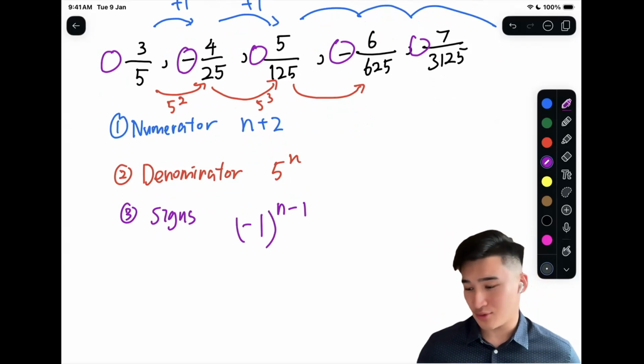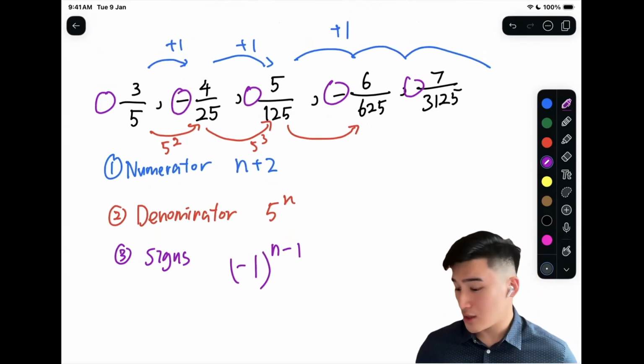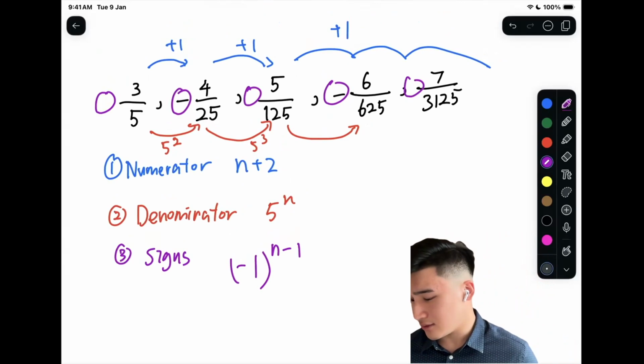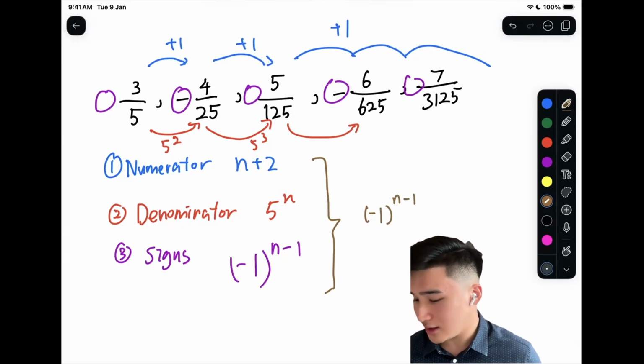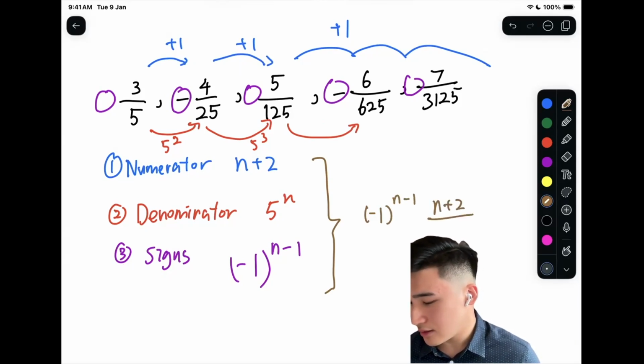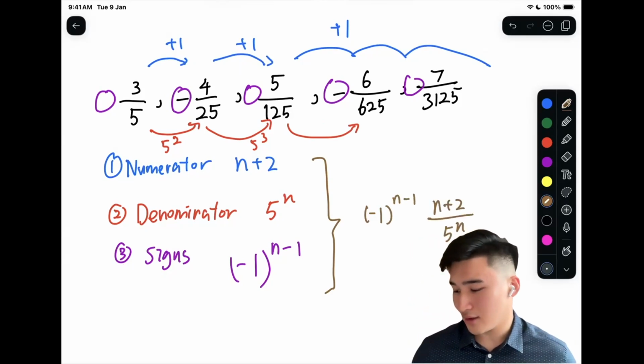Simple as that. We've just proved it in our previous example. So combining all these, we will get negative 1 to the power of n minus 1 for the signs, and n plus 2 over 5 to the power of n. And we're done.